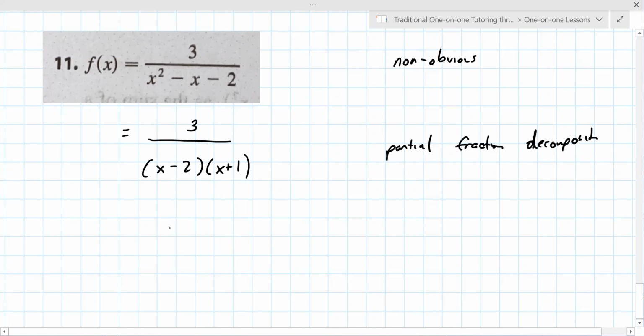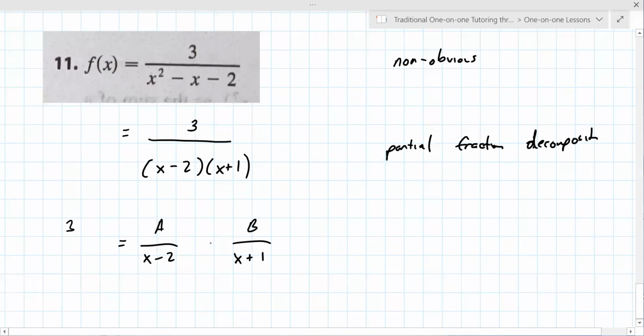So that's x minus 2 on the bottom, x plus 1 on the top, and we're trying to get 3. So you could write your A and your B here.